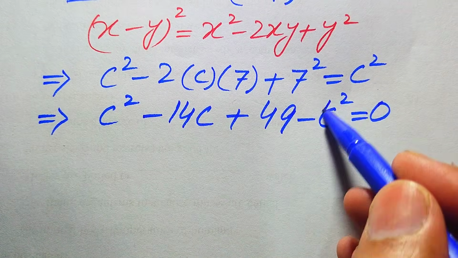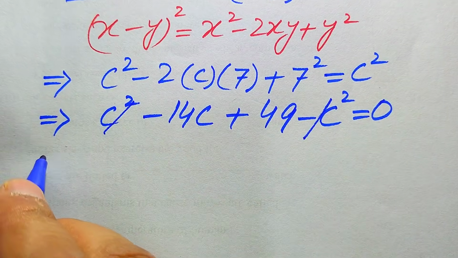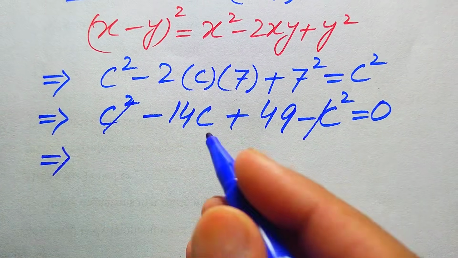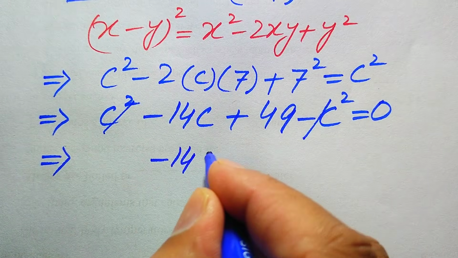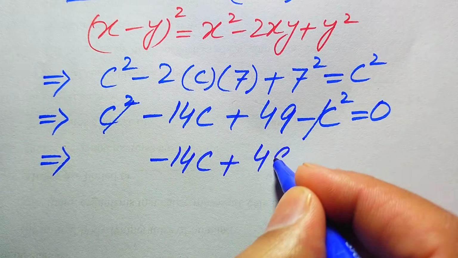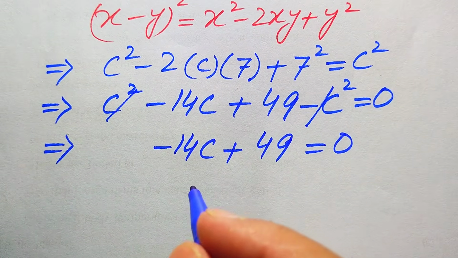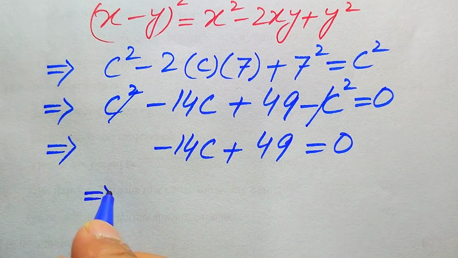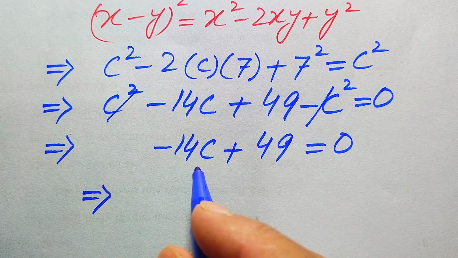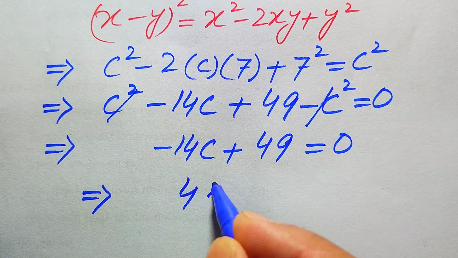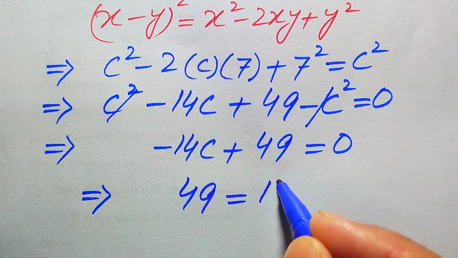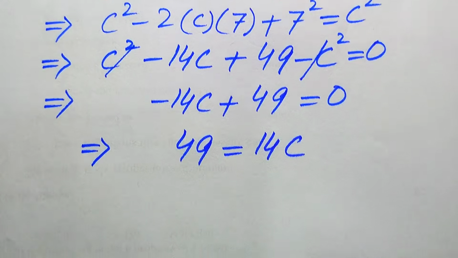Now you see this minus c square and plus c square cancel each other out, and we get minus 14c plus 49 equal to 0. Further, we move the value minus 14c from the left hand side to the right hand side, and we obtain 49 is equal to 14c.